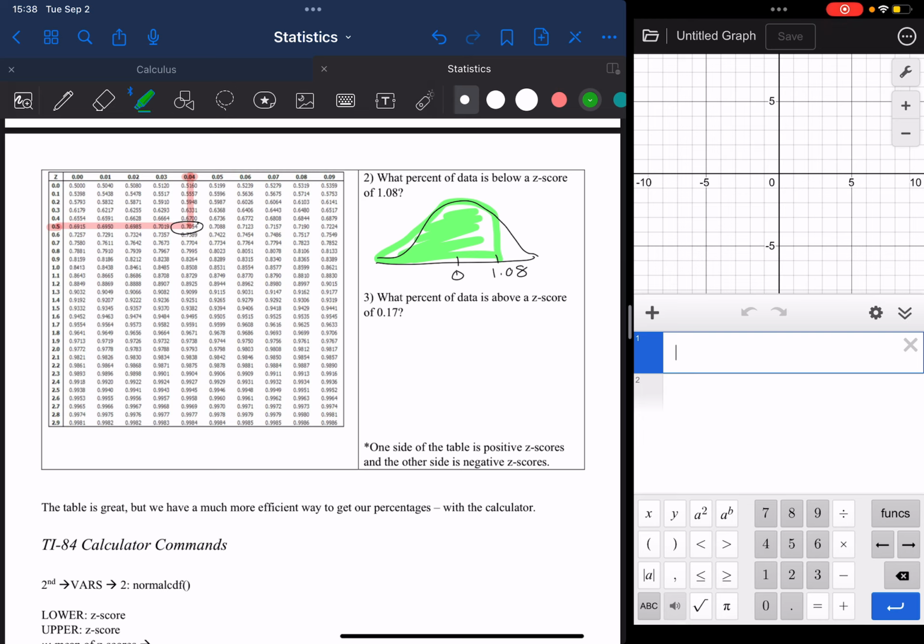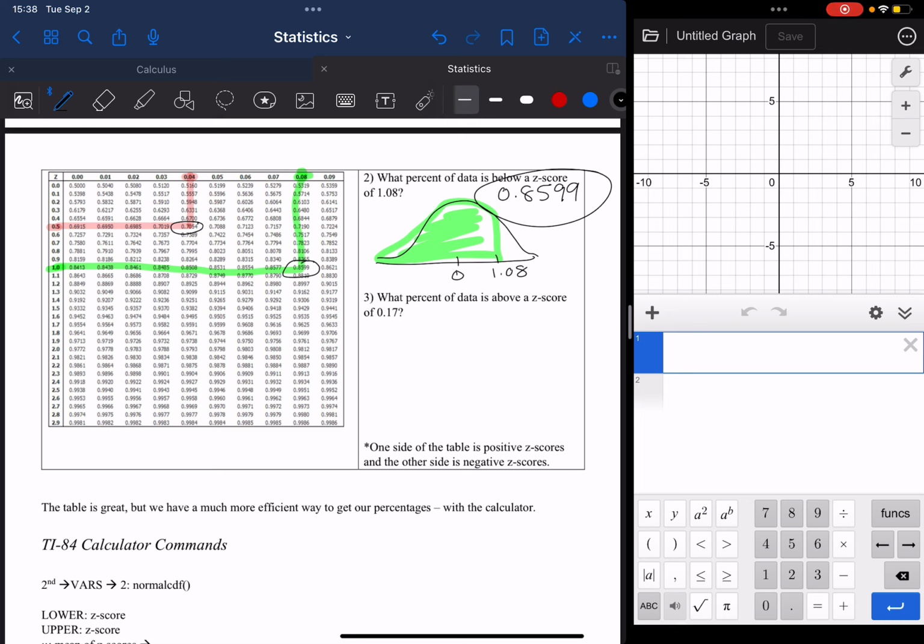Now, looking at my table, I'm going to find 1.0, and then I'm going to find 0.08 to make 1.08, and then wherever they intersect is going to be my area. So that means my answer is 0.8599, or approximately 86% of data is below the z-score 1.08.